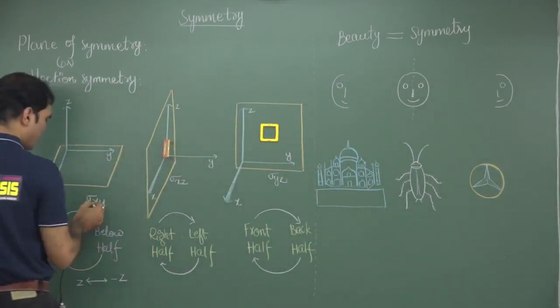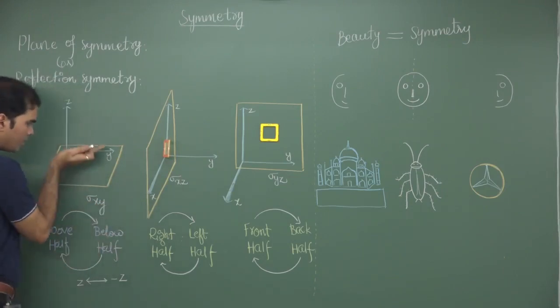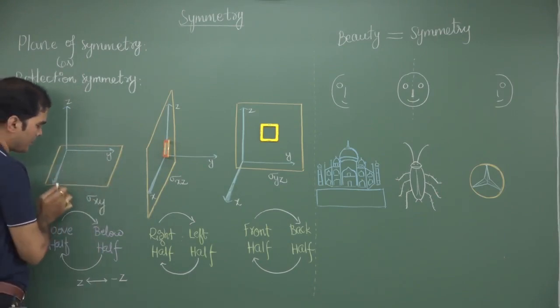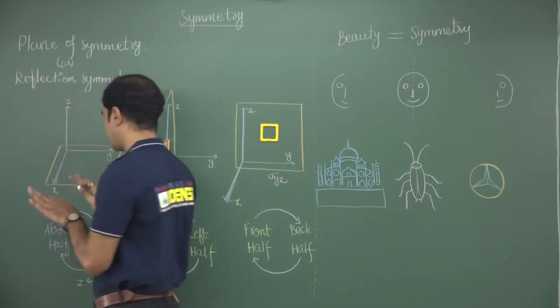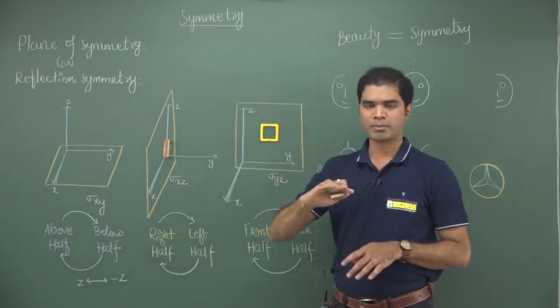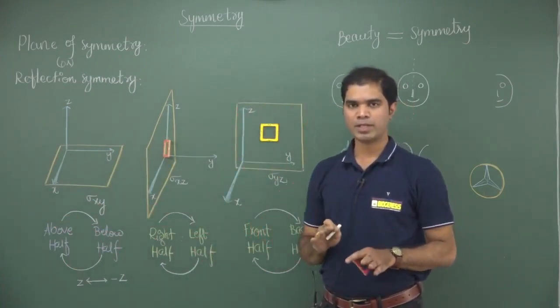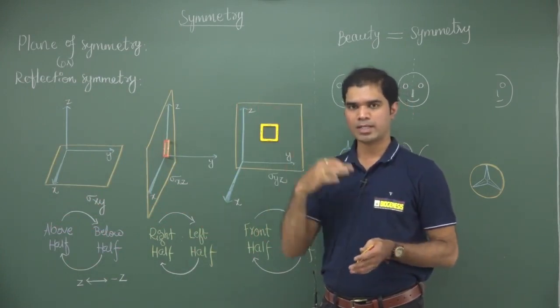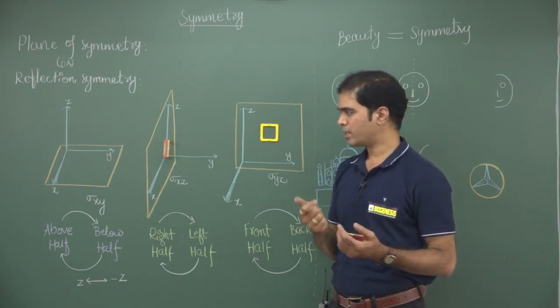In the first case, where it is a sigma xy plane, the above half will be reflected into the below half. It is passing through x and y, therefore x and y remain in their position. From whichever coordinate or from whichever atom the plane passed through, those coordinates or those atoms will not exchange their position. Instead, the other atoms will exchange their position. And how does the exchange happen?